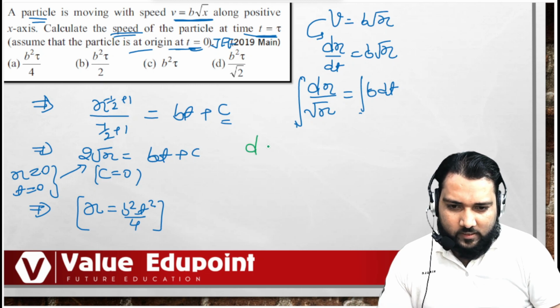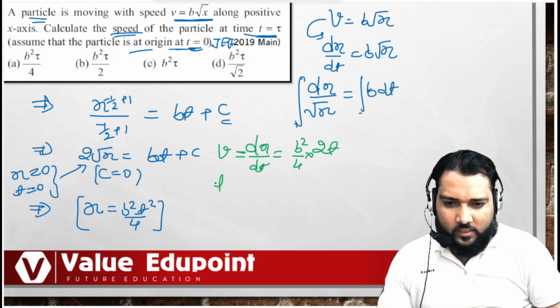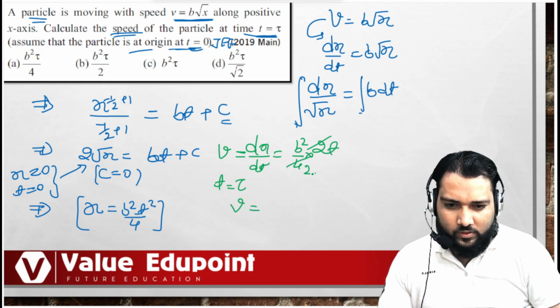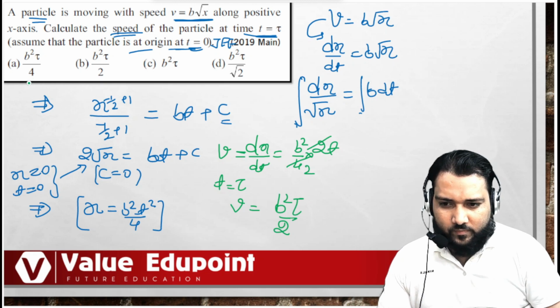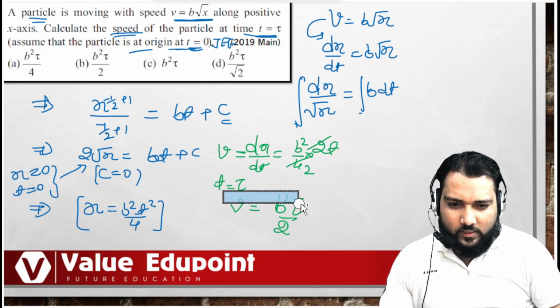So dx by dt will come out to be b square by 4 times the differentiation of t square, that will be 2t. This is the velocity v, and at t equals tau, the 2 cancels out, so it is b square tau divided by 2. Okay guys, so this is the velocity.